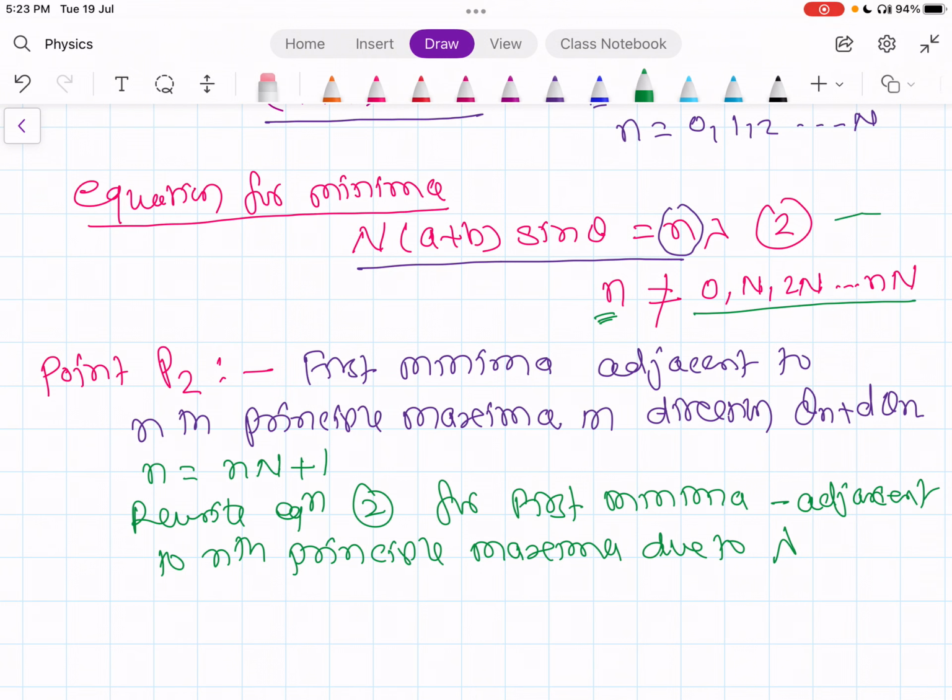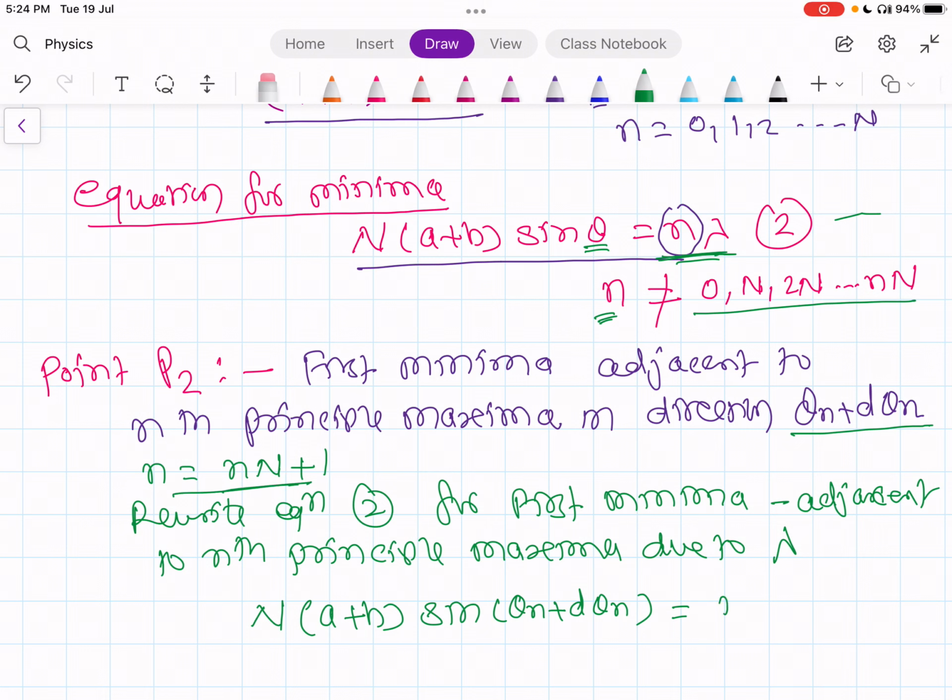So this equation 2 we can write as n into A plus B sine of, now the direction is theta n plus d theta n, so sine of theta n plus d theta n, which equals n lambda. But n is nN plus 1. So that equals nN plus 1 into lambda. Let us say this is our equation 3.